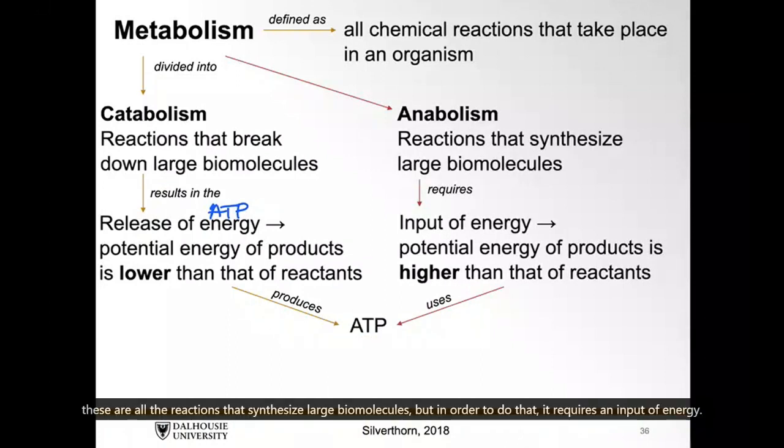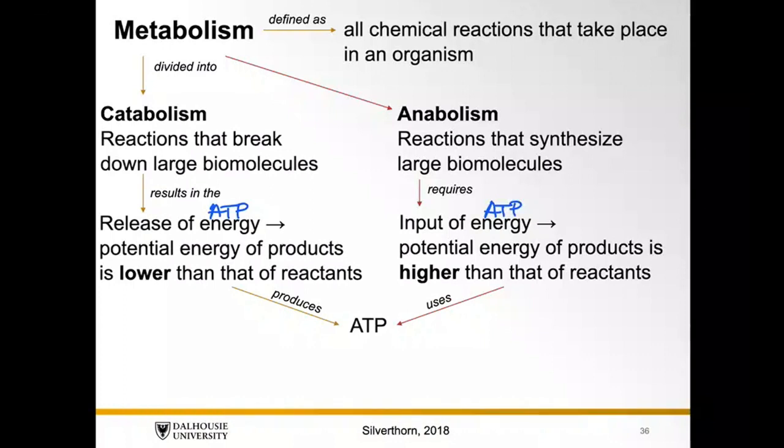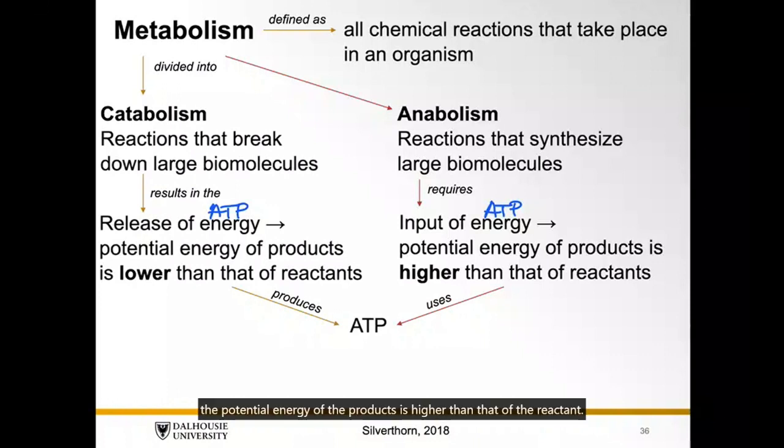And as we know, these are all the reactions that synthesize large biomolecules. But in order to do that, it requires an input of energy. Or you can say that it requires an input of ATP.